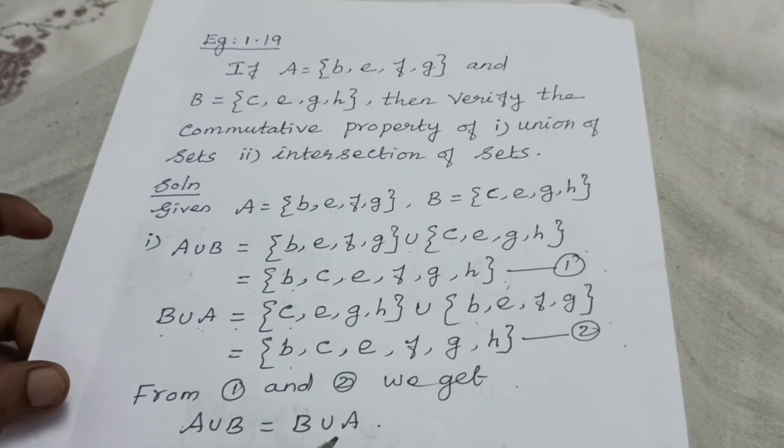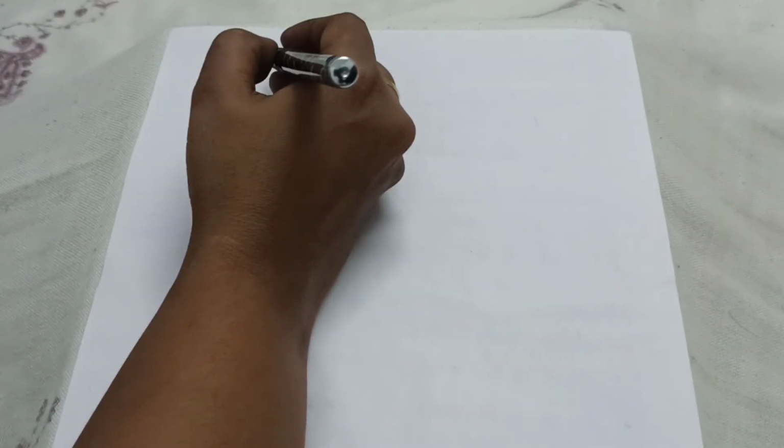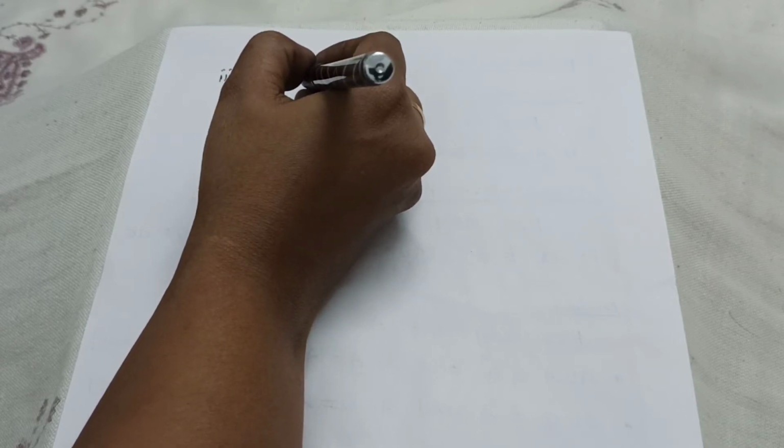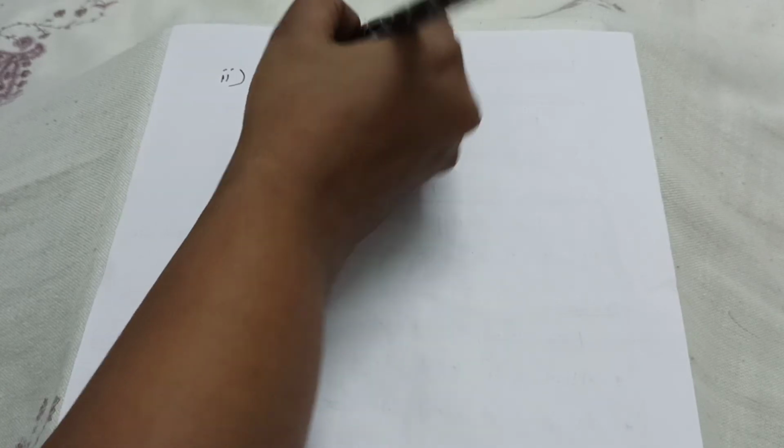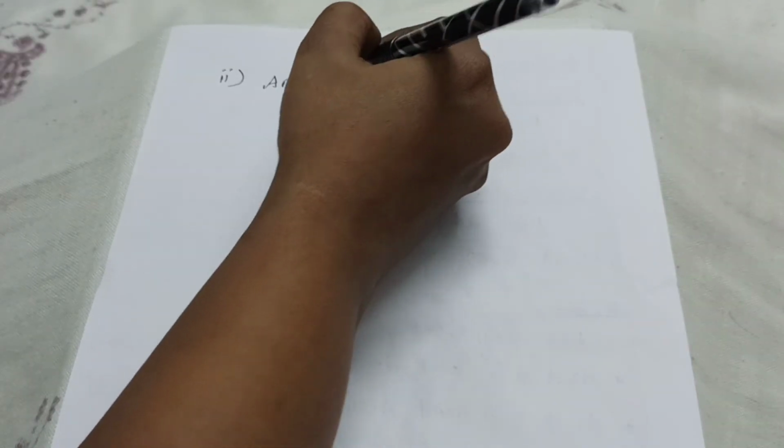Then the second subdivision is that intersection is commutative. What's the property? A intersection B is equal to B intersection A. You have to check. A intersection B is equal to: what are the A elements?